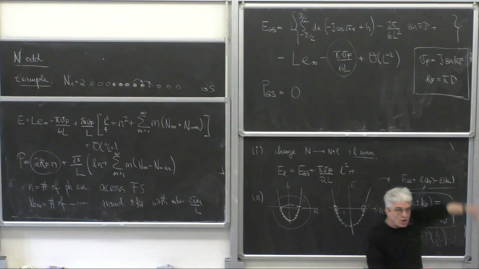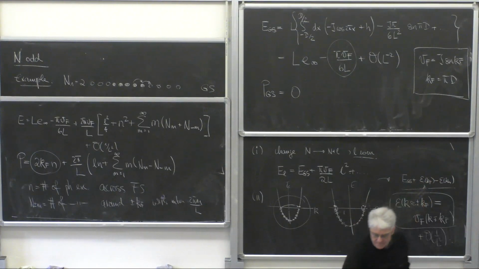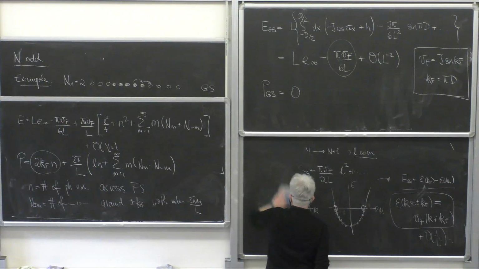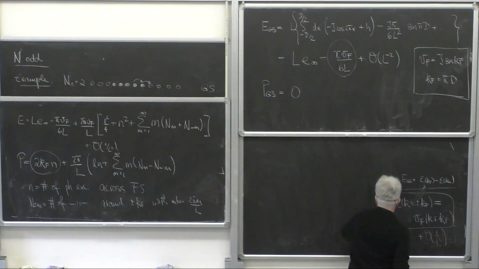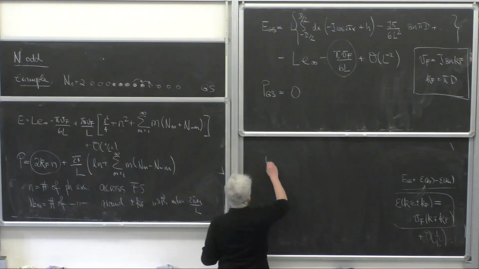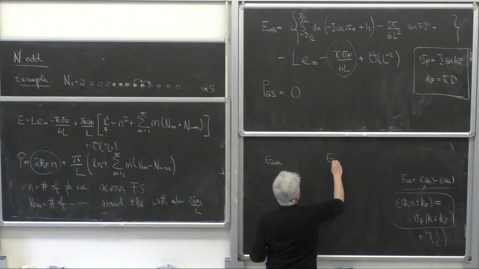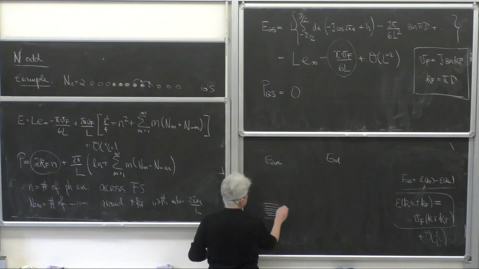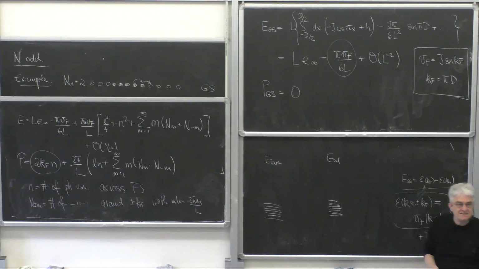I have now the odd energy levels, the even energy levels. Okay, so I have E even and E odd. So I have all these energy levels, and here I have the odd ones. And I can construct them in exactly the same way.